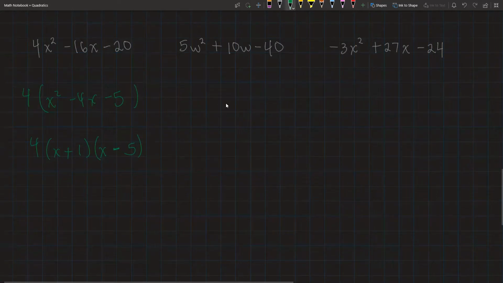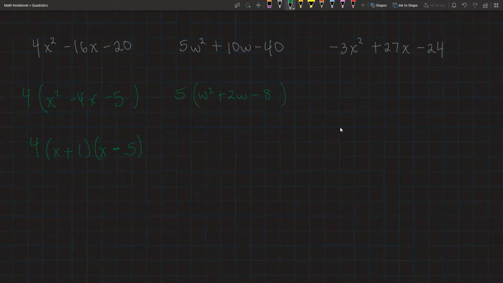All right, next 2. See if you can do them ahead of me, or double check now. All right, greatest common factor. Remember, we want the greatest number, and in this case, it looks like it's simply a 5. We got lucky with that one. Nothing too difficult to think about. So this is w squared plus 2w, and then minus 8.